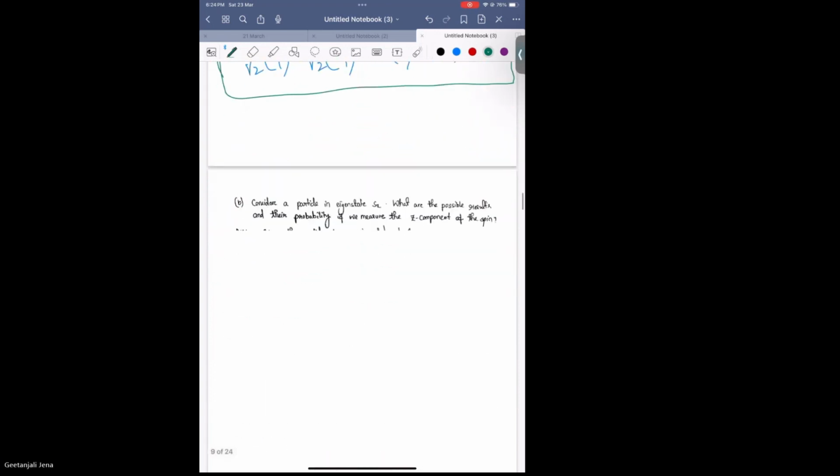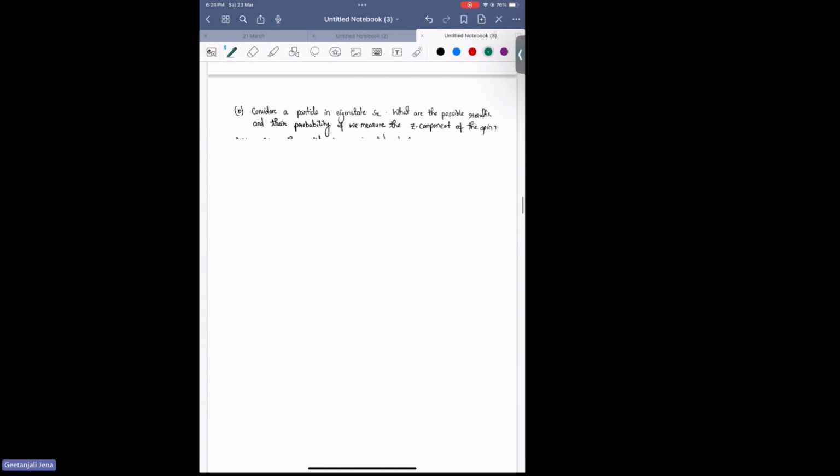Okay. Now let us see our next problem. Let me read out the question for you. Consider a particle in an eigenstate of Sx. What are the possible results and their probability if you measure the z component of the spin?